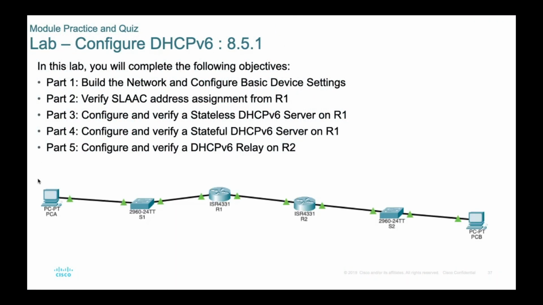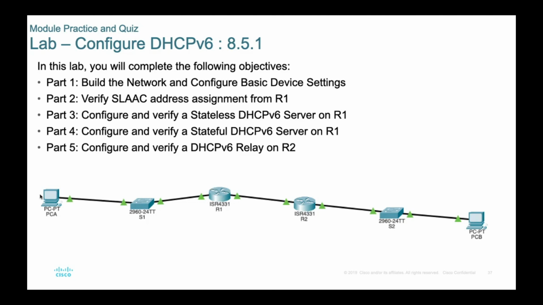So we have two PCs, PC-A and PC-B, connected through a switch, or you can ignore the switch, but the exercise wants you to redo some configuration on the switch. If you do not configure the switch, you can still get the info because there's nothing in the switch actually. So for R1 and R2, you are going to configure a DHCP server on R1.